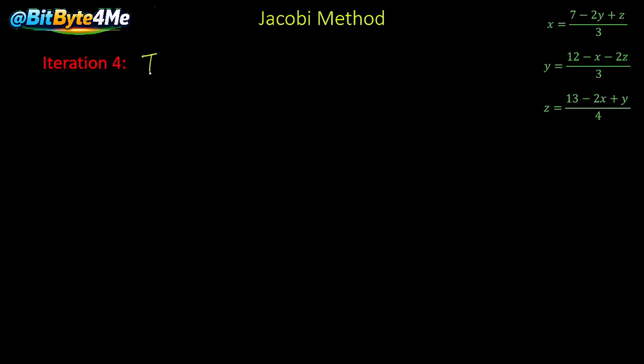So in 4, take x is equal to 2.6574, y is equal to 1.6945, and z is equal to 3.1389. So put these values in these equations and get the values of x, y and z.